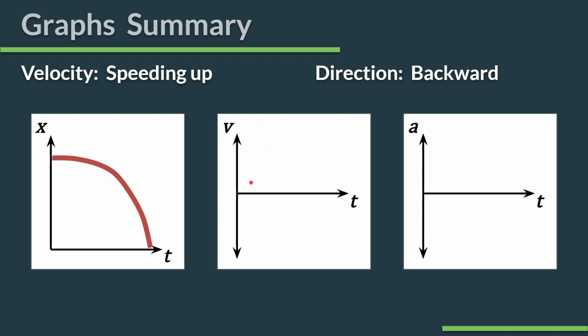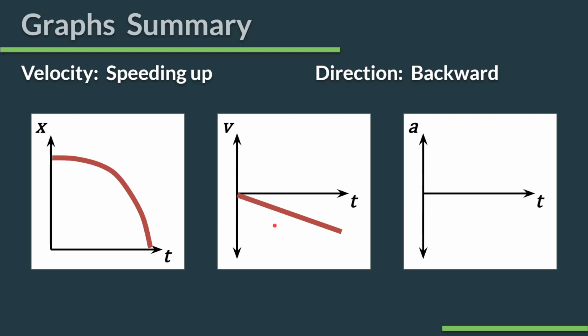Again, if I want to show something speeding up, I have to move away from 0. 0 is my x-axis. But this time I'm going backwards, so it's going to be down here, and it needs to move away from 0. That's speeding up in the negative direction, because I'm going from a velocity of 0 to -2 to -4 to -6. I'm getting faster going backwards.